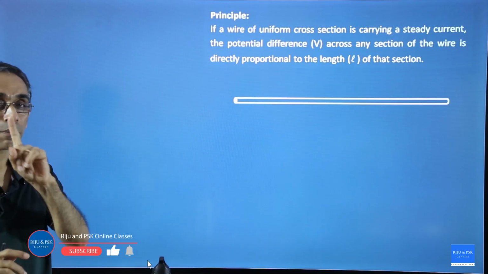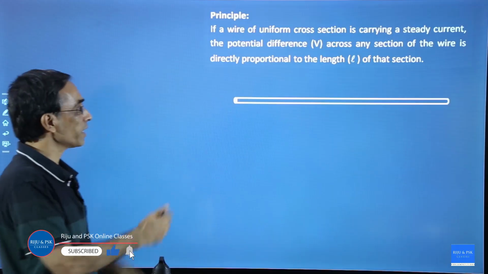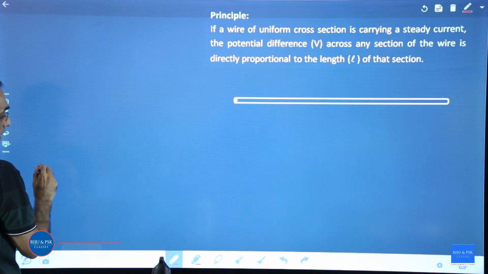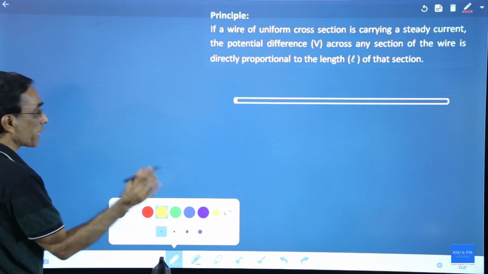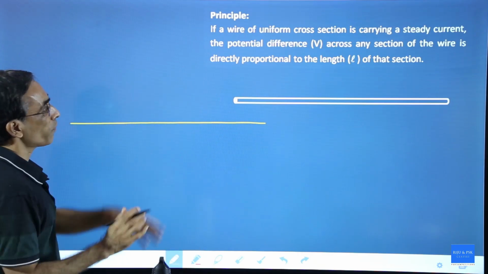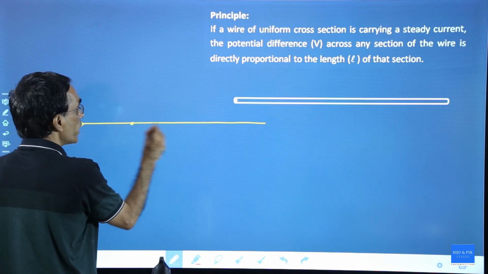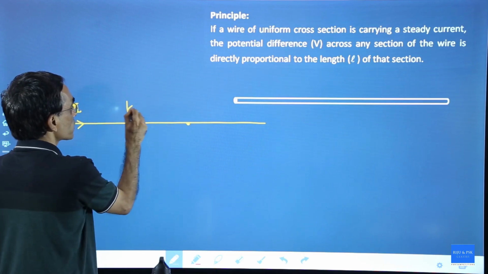Potentiometer has a principle. What is the principle of potentiometer? That is what I was telling. I am going to explain it. There is a uniform wire, and this is carrying a steady current I. Then every 2 points will have a potential difference.